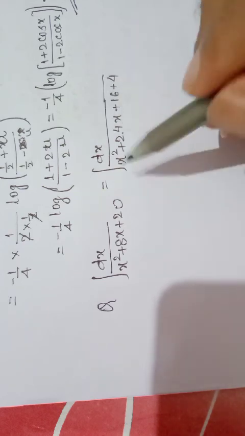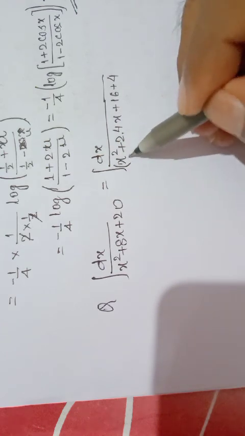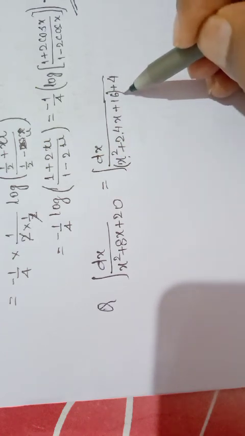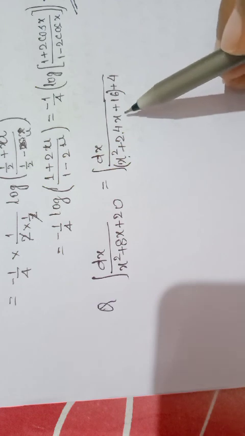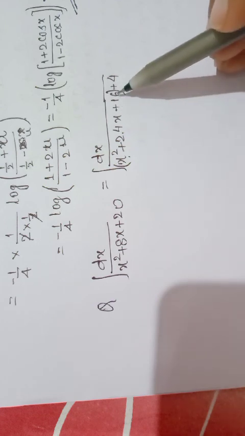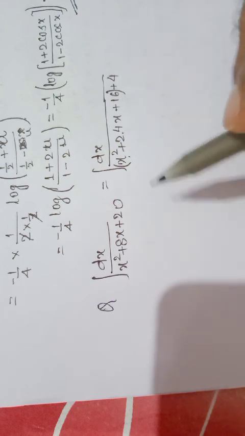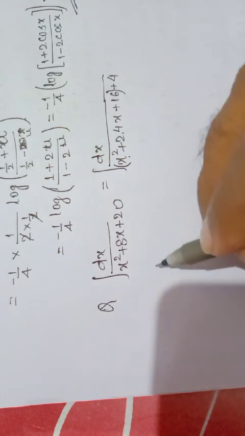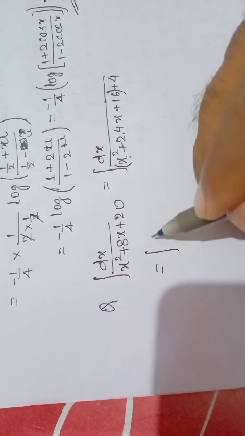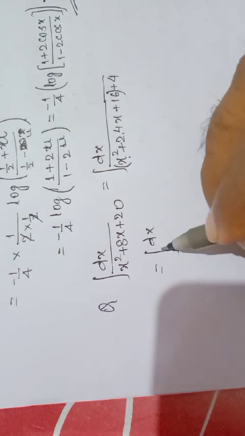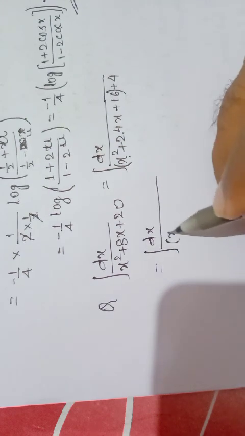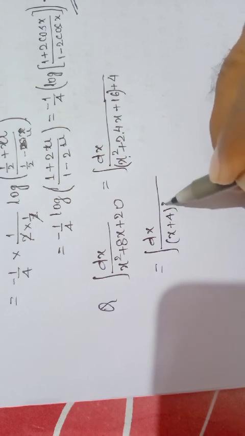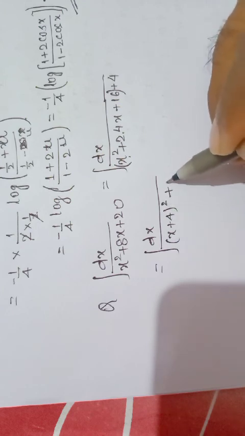Now x square plus 2 into 4x plus 16 is the square of x plus 4, according to the formula of a plus b whole square. So the integral is dx upon x plus 4 whole square plus 4, which is the square of 2.